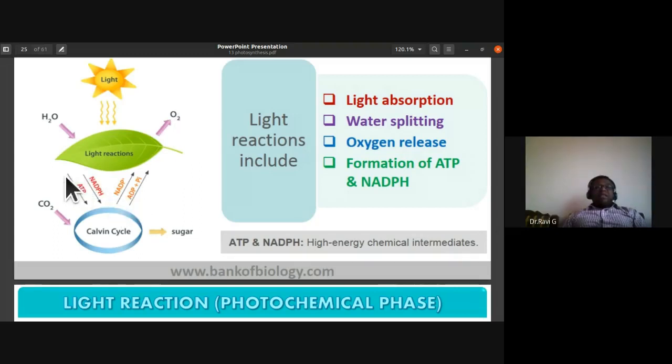The NADPH2 and ATP, the high energy chemical intermediates formed, are utilized in the Calvin cycle or dark reaction, where carbon dioxide is fixed, and these energy rich molecules are used to finally synthesize glucose or sugar.